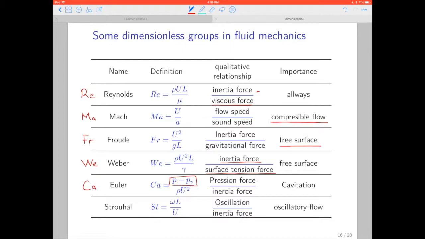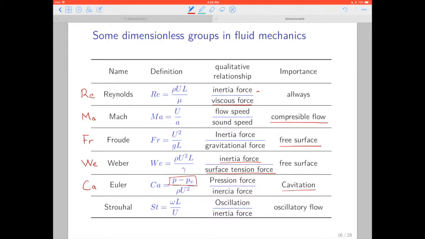Remember, vapor pressure is a very low pressure, and P is the actual pressure, and they have to be absolute pressures. So it compares the delta pressure, how close we are to the cavitation pressure, with inertial forces. So that's the cavitation number.